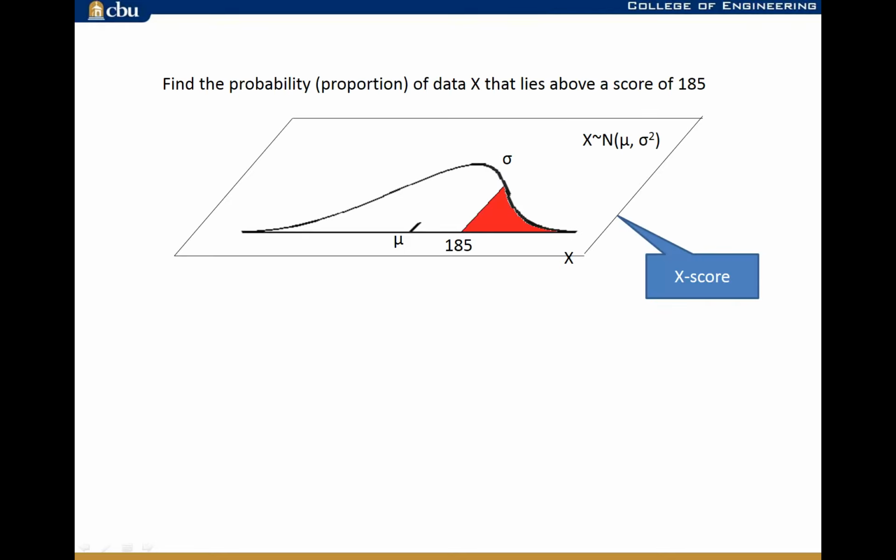Okay, so last time we talked about a population, and if we understand the central tendency, which is the average, then we can build up this kind of distribution, and we call this the x-score.